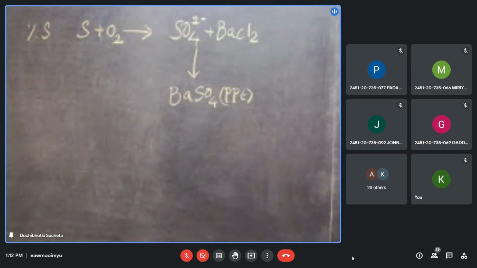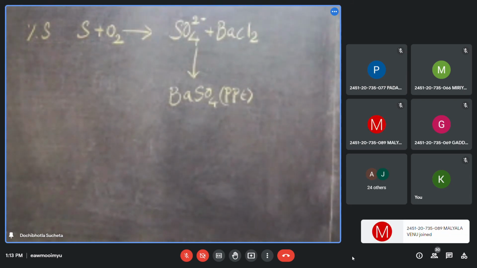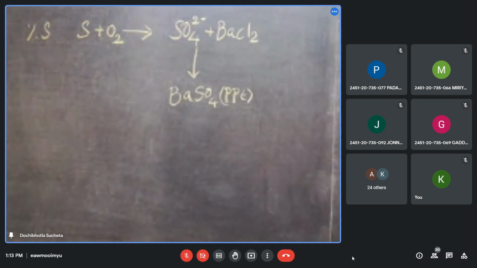What are the advantages of solid fuels, in particular coal used as a fuel? When coal is used as a fuel, first, it is very cheap. Transportation and storage of coal is very easy. And it is not a flammable compound, and hence there are no fire hazards when I'm using coal as a fuel.